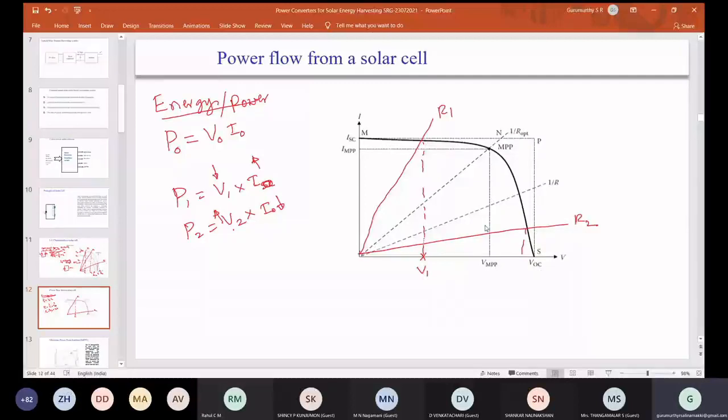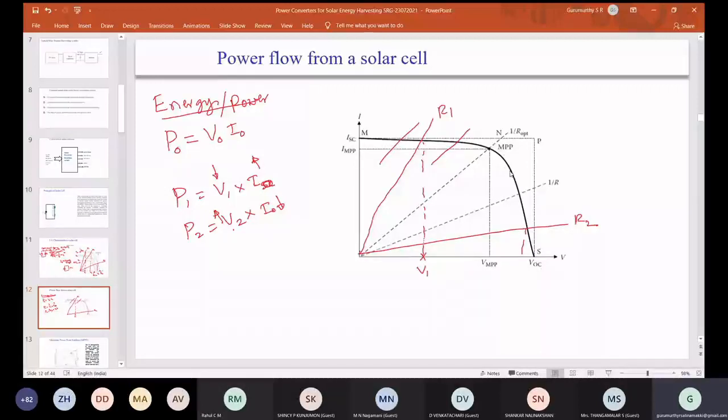As you go on increasing the resistance, R1, R2, R3, these being constant resistance lines, the power will keep increasing. But there is a knee point from where the current starts dropping down. Even though voltage is increasing, current is dropping.